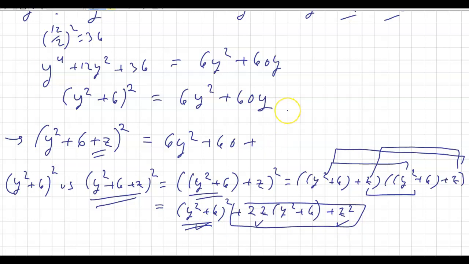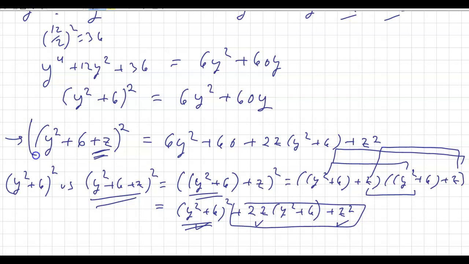So the thing I need to add to the other side, when I put the plus z here, I balance it out by putting a 2z times y squared plus 6 plus z squared. That's what goes.